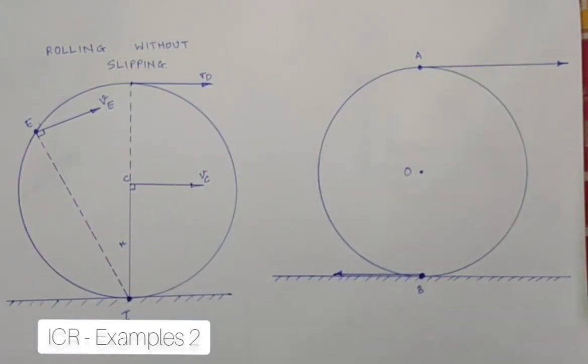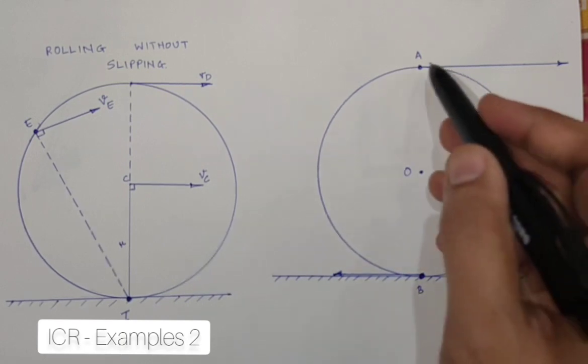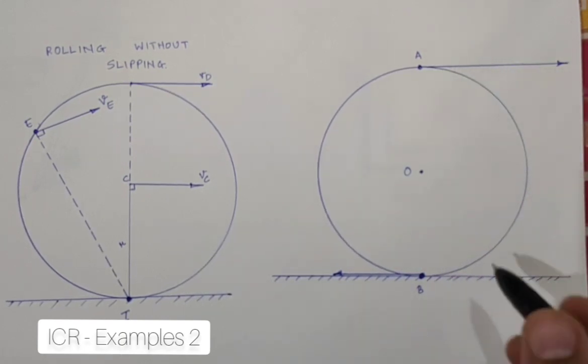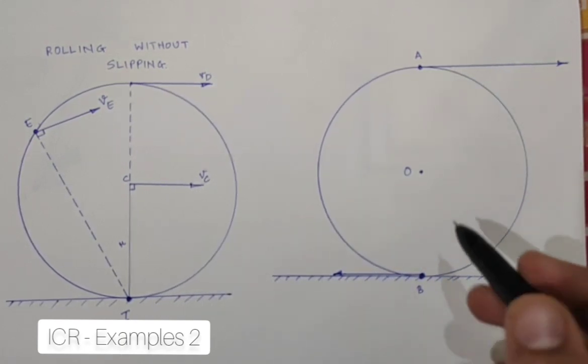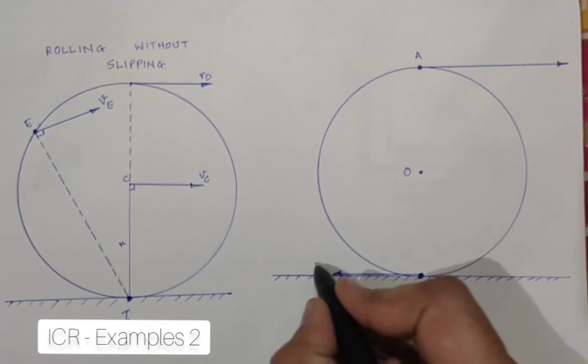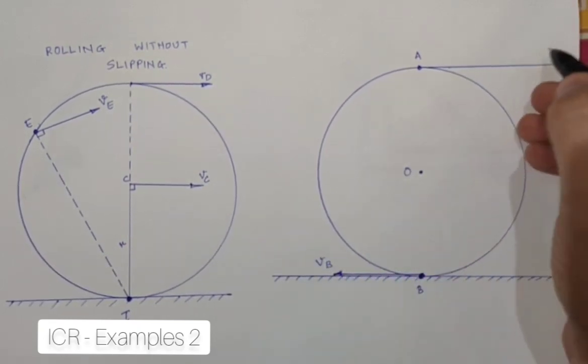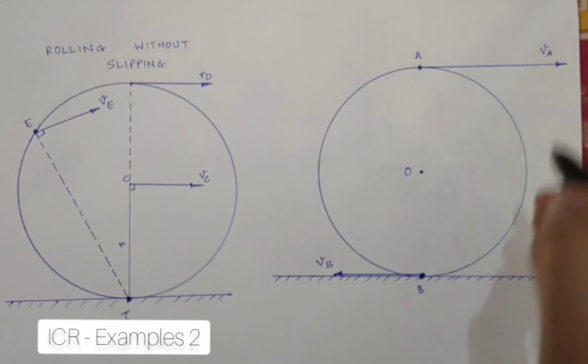Now how to locate the ICR for this given roller? As we know, ICR can be located by getting the intersection of two lines which are perpendicular to any two known velocities of a given object. So in this case, I know the velocity VB and I know the velocity VA.